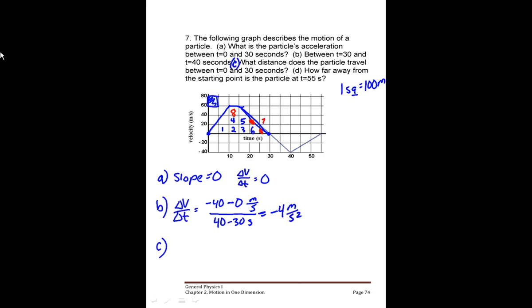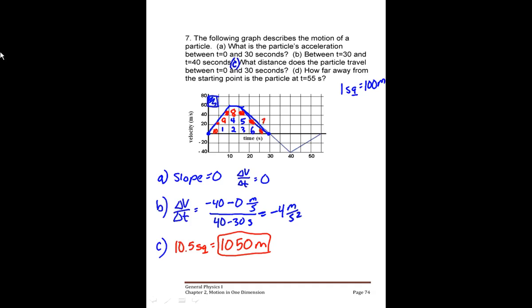I have 8, 9. I'll include that little bit with the 9th one. And then 10, which I'll also include this remainder with that one. So I got 10 squares there. And again, that's a bit of an estimate. Oh, I missed one. We'll call this a half. So I have 10.5 squares. If each square is 100 meters, that means that I have 1,050 meters. All right, so that's the area.